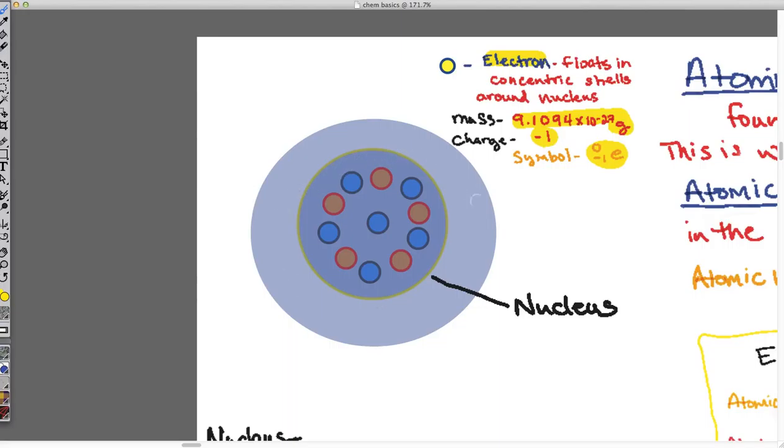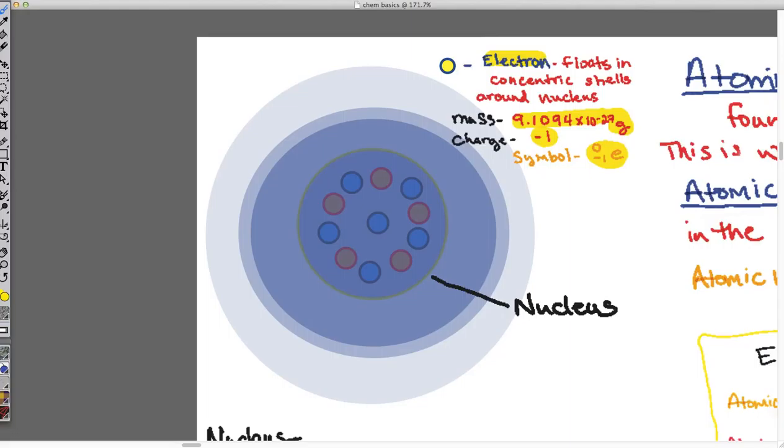So it's basically a shell that's representative of a row or a period on your periodic table. Each one of these shells can house a certain number of electrons. Like the first one could only have 2. Then there's another shell that pops up, and these are all spherical shells within each other. Concentric shells means there's one within the other, just like that.